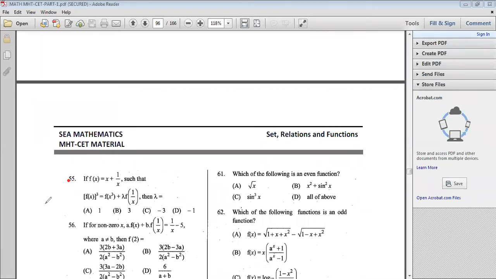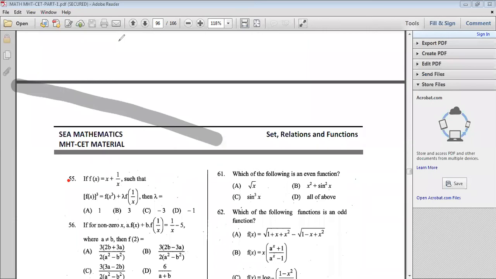Observe the 55th. f of x is given as x plus 1 by x. So f of x whole cube is equal to f of x cube plus lambda times f of 1 by x. So what is the value of the lambda?